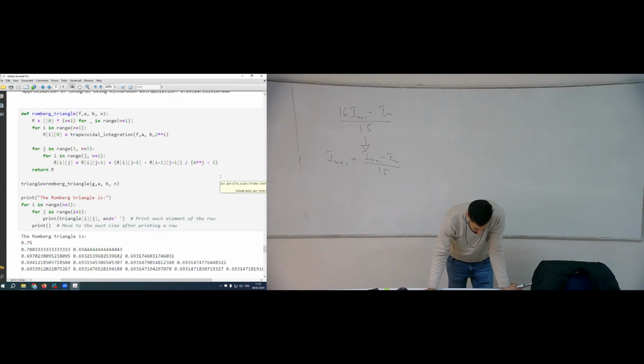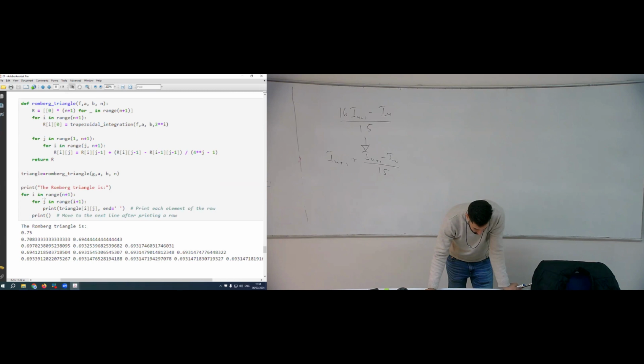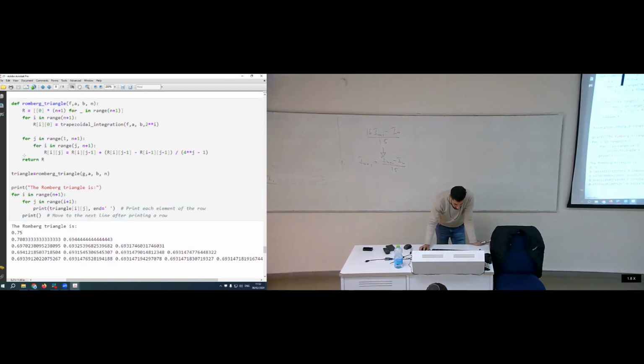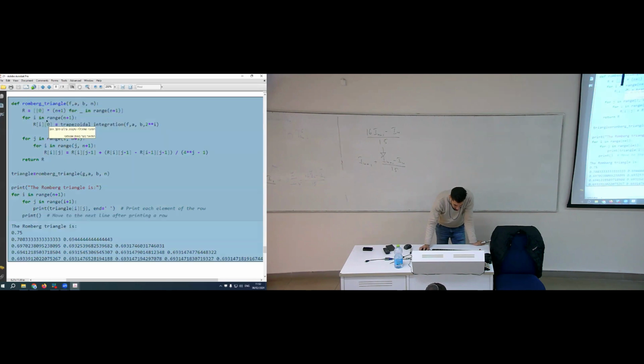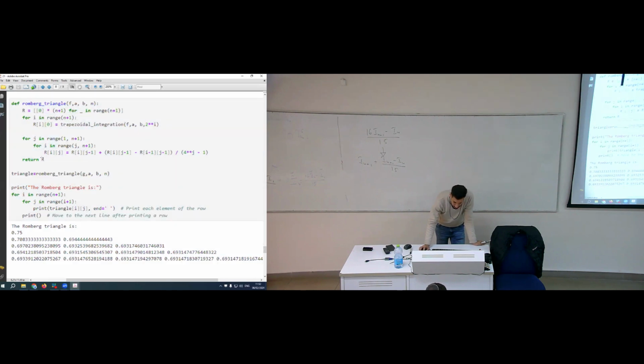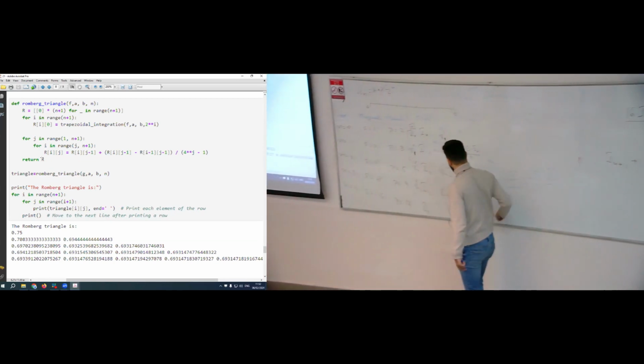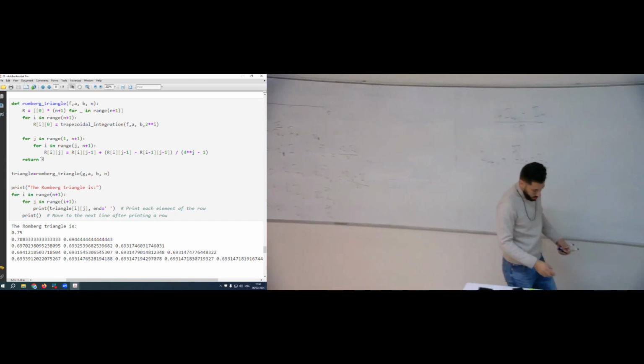And also I built the triangle, so I printed it as a triangle, so that's it. Okay. So I built this triangle and return R, a two-dimensional list, so it's a matrix, and it will be zeros here, and the values will be at the right places.